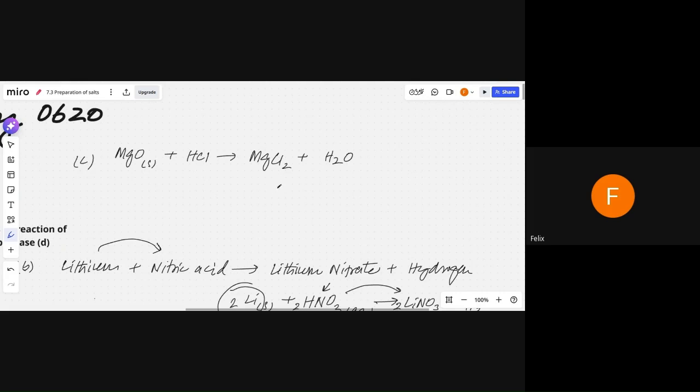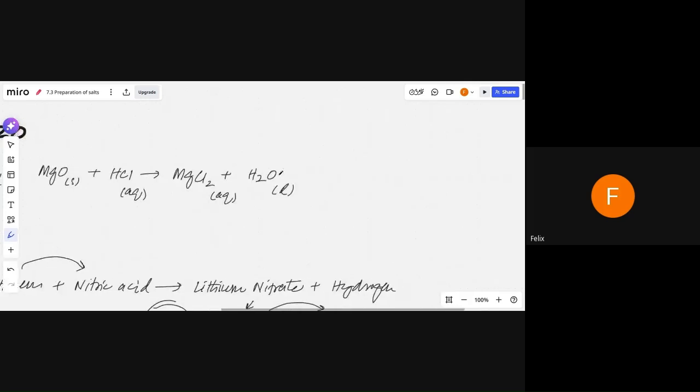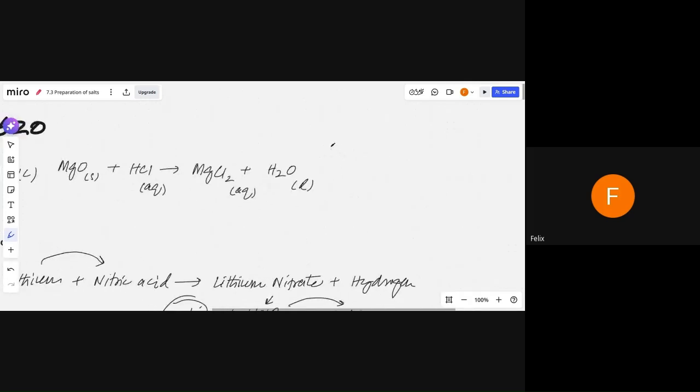So now, how do we retrieve this, right? Let me write the state symbols. So the same thing, we keep on adding magnesium oxide into this beaker till the bubbling stops, which will indicate that all of the acid present in this beaker has reacted completely, and the excess magnesium oxide will start forming a precipitate, right?